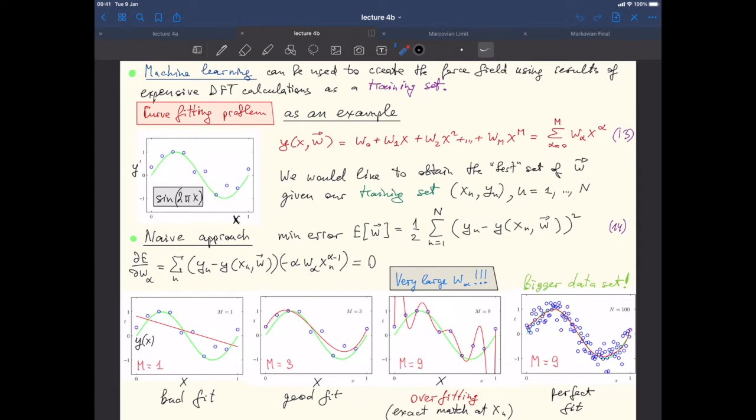So the question arises as to how to create a force field which would be able to be trusted, to be able to reproduce the behavior of our system, how the energy changes of our system when atomic positions change, whether forces on atoms would be the same as you would obtain if you run, say, density functional calculations.